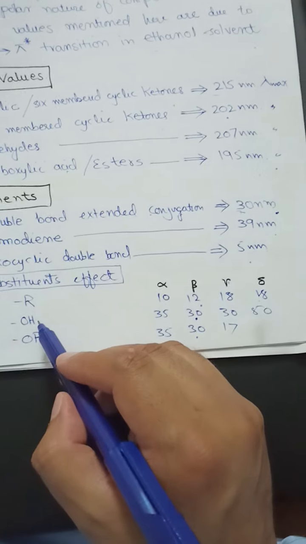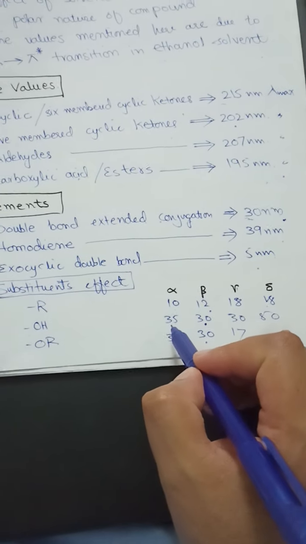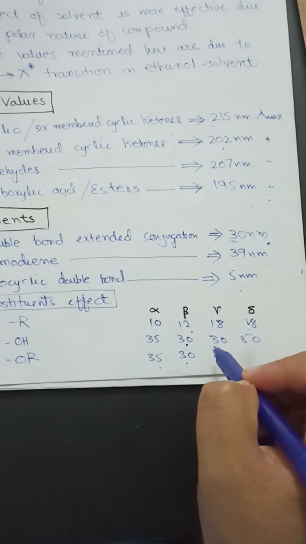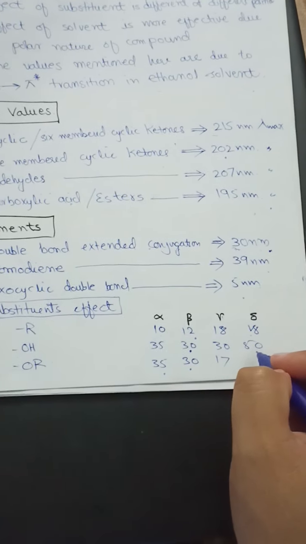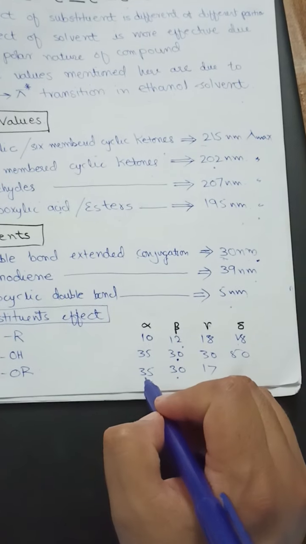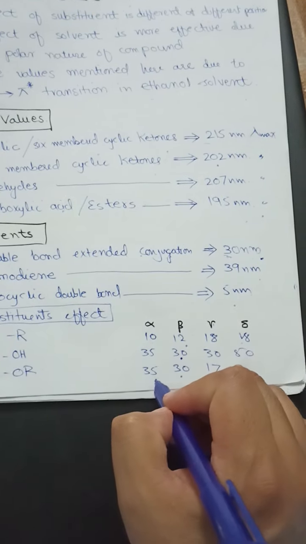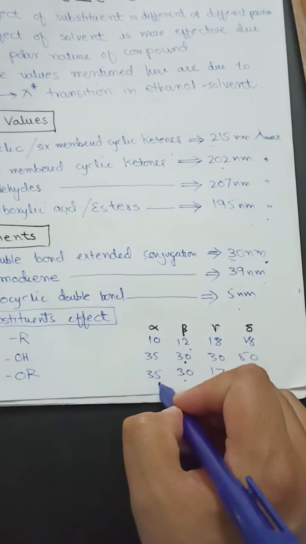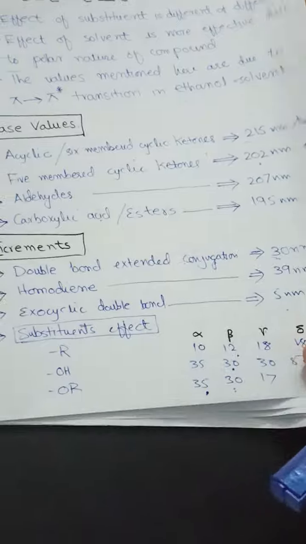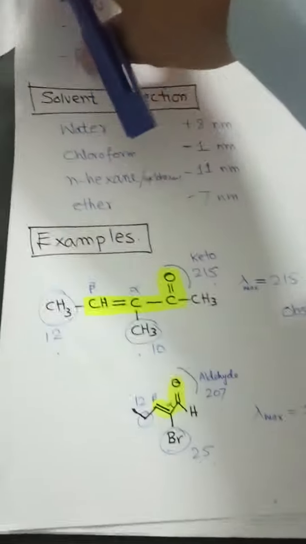Similarly, if hydroxyl group is attached at the alpha carbon, the increment will be 35 nanometer, 30 nanometer, and similarly 30 and 50 nanometer for delta. For ether group, 35 nanometer increment will be produced if it is present on the alpha carbon, 30 nanometer if it is present on the beta carbon, and 17 nanometer at gamma carbon.